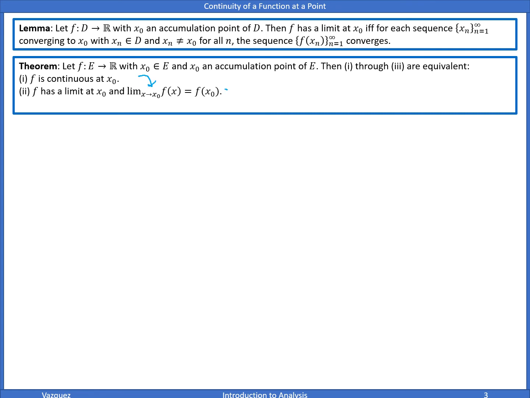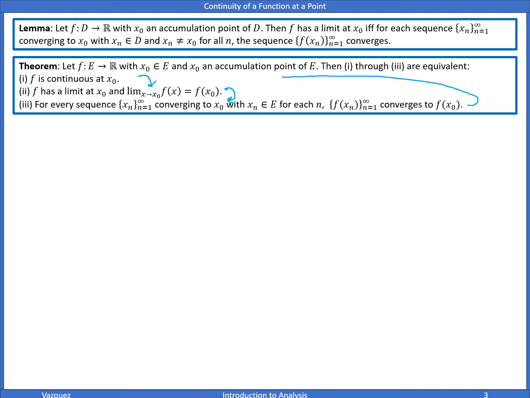Now, if we have 2 true, it'll imply this one: for every sequence xn converging to x naught with xn in E for each n, then f of xn also converges to f of x naught. So the second implies the third, and if you have the third, it implies the first one. So if we have this series of implications, 1 implies 2 implies 3 implies 1, then they're all equivalent.